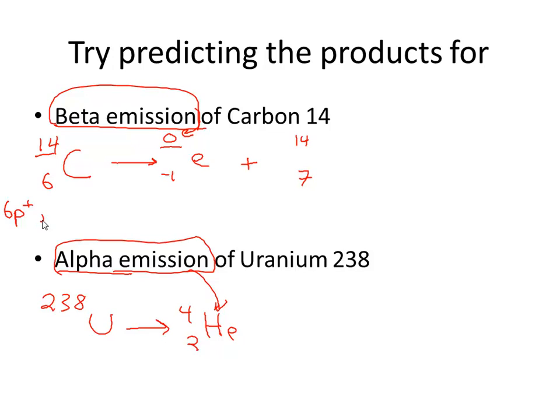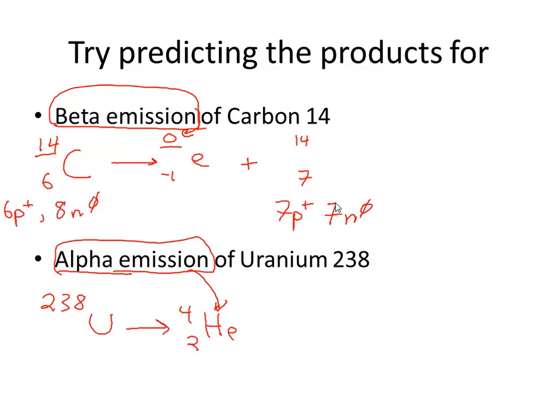How many neutrons are in this one? How do I find neutrons? 8 neutrons. I have 8 neutrons and 6 protons. One of these neutrons became a proton, so I have 7 protons and 7 neutrons.